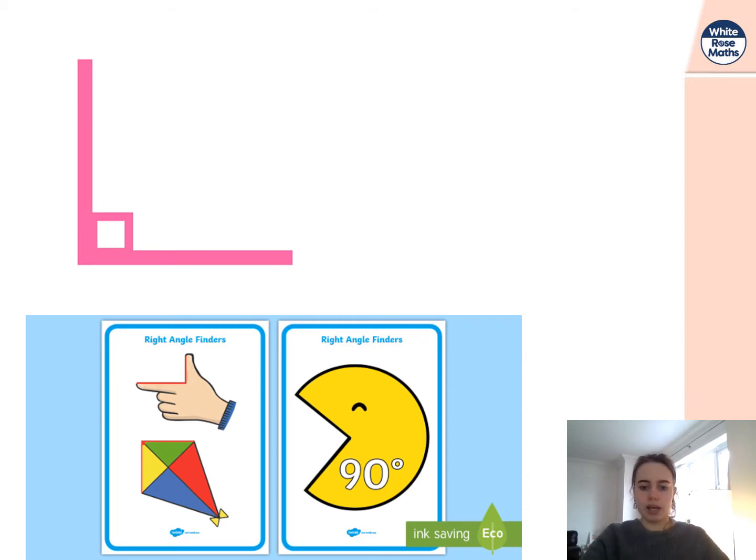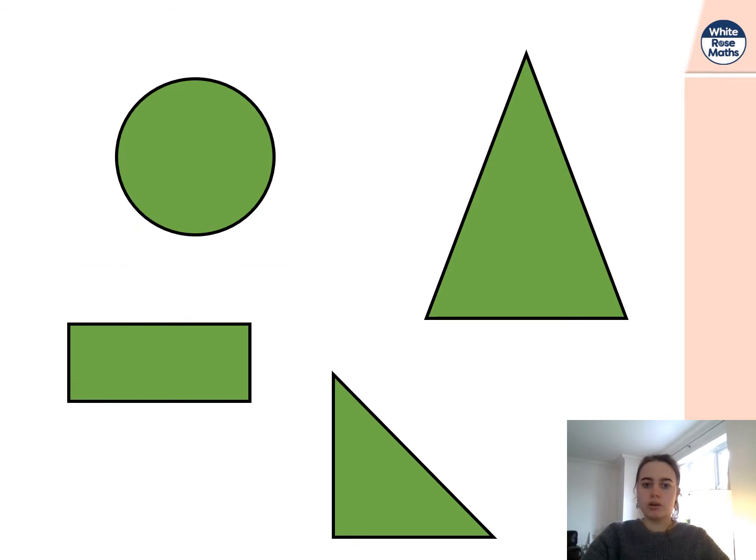So have a look here. This here, the gap in between these two sides is a right angle. So for example, on a rectangle, I've got four right angles.